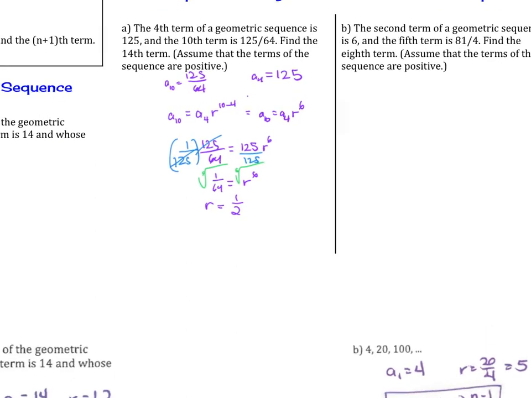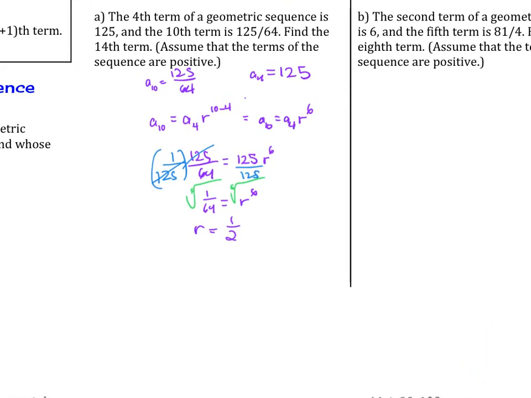Then we need to continue solving. Let's use a sub 14, because we're trying to find the 14th term. That's going to be a sub 10 times r to the 14 minus 10.